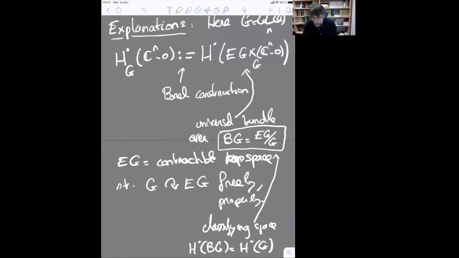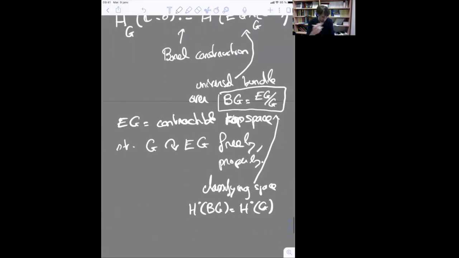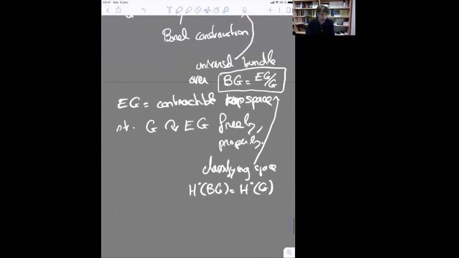Now the standard way to construct such a classifying space is to consider the geometric realization of a simplicial set. I won't need much about all this, but I just want to say it briefly.